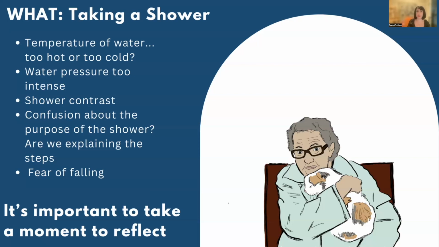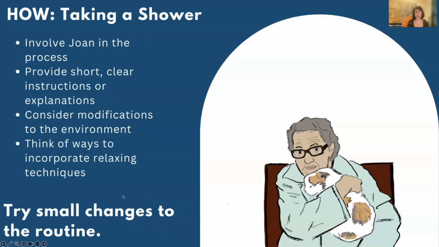So it's important to take a moment and reflect, especially in the situation with Joan, what is it exactly? Is it that she's fine getting undressed and stepping into the shower, but then the minute you turn on the water, that's when she's having issues? Is it that she doesn't even want to take the step in? All of these things can be really important to take a moment to reflect on.